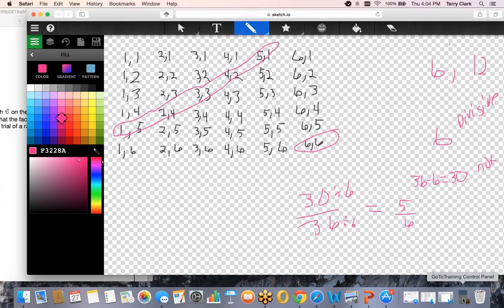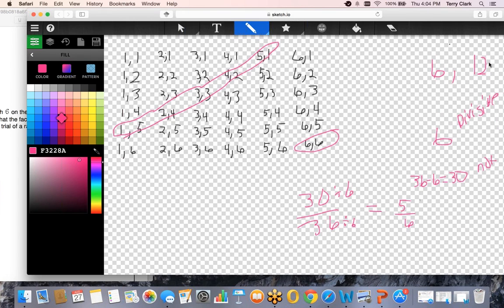I'm trying to see who came up with that answer. Well, actually, no one came up with 5 over 6, but that's our answer, 5 over 6.